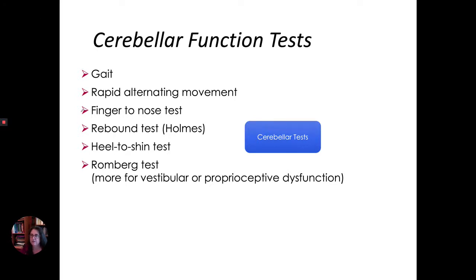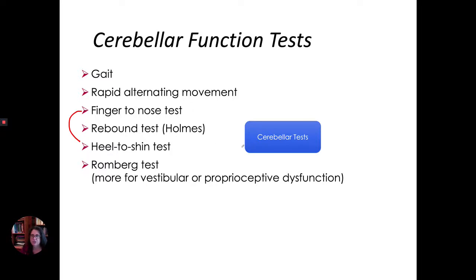And the finger-to-nose test is similar to the heel-to-shin test, except the finger-to-nose test has to do with testing the upper extremity joints and your ability for your cerebellum to coordinate that. And the heel-to-shin test is not illustrated in the video, but is a similar sort of thing with your lower extremity, where you trace your heel along your shin up and down your leg and see if you can coordinate that activity. Same basic idea, but just using a different extremity.